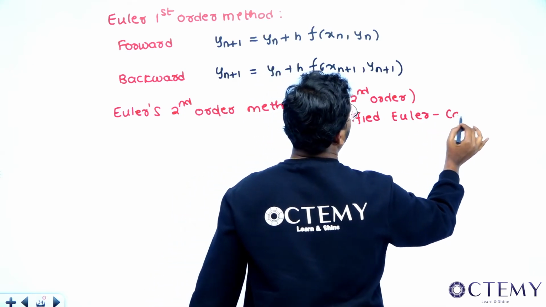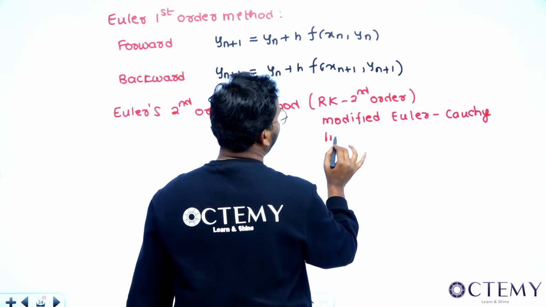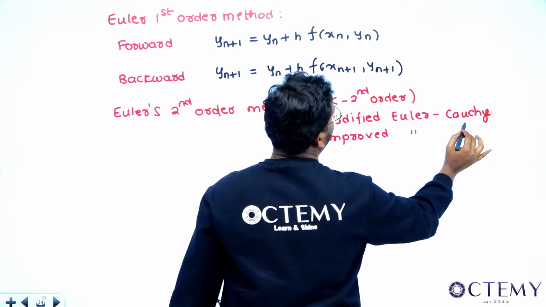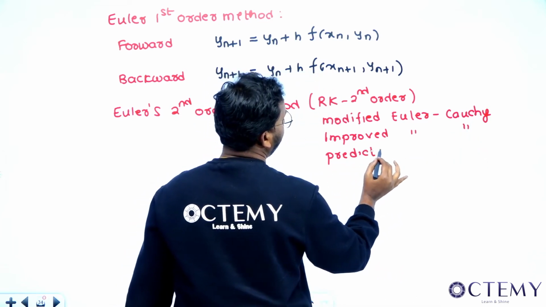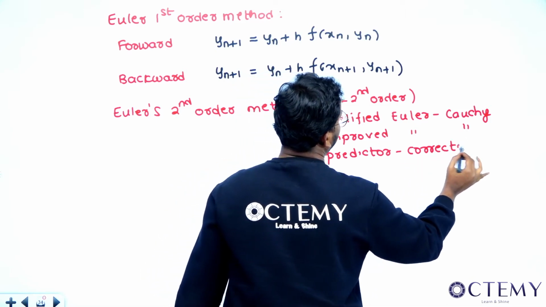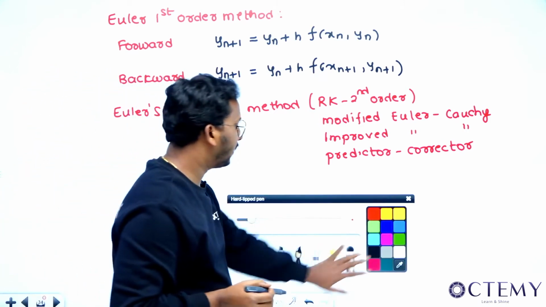Euler-Cauchy also you can call it, or improved Euler-Cauchy. There are a lot of names for this. Improved Euler-Cauchy or predictor corrector method, right? So all these names belong to this second one.